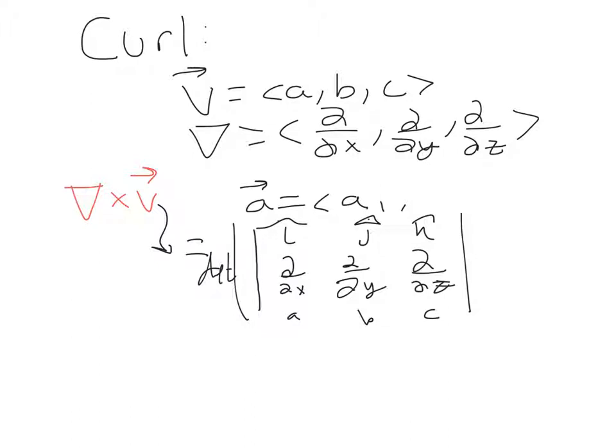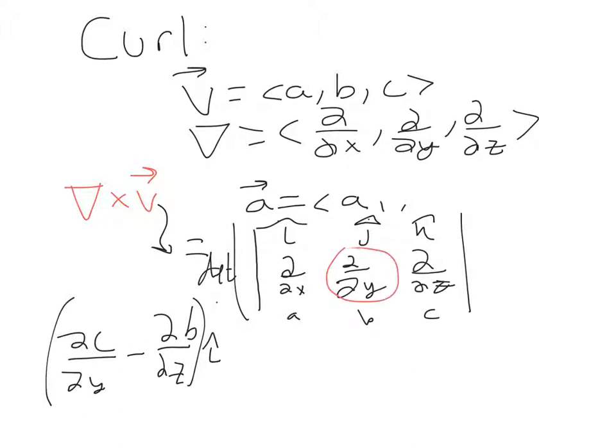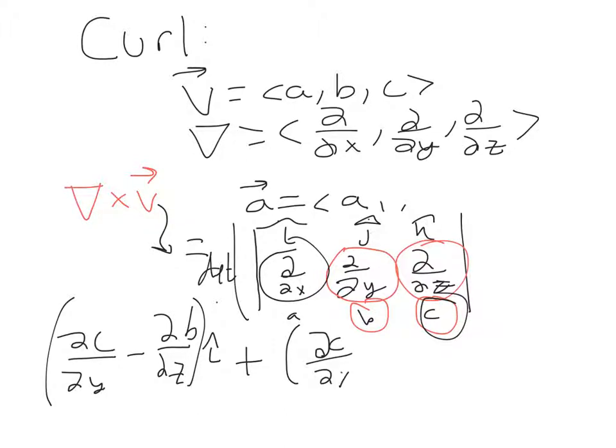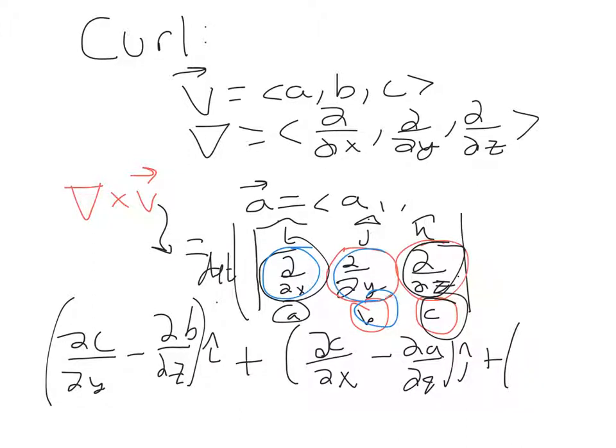So to write this out, you'll have, for the first I component, partial c, partial y, minus partial b, partial z, I, and you'll see that that's because we apply that to c, and we apply that to b, minus, actually in this case it's plus because the del operator cancels out the negative for j, partial c, partial x, partial a, partial z, j, plus partial b, partial x, minus partial a, partial y.